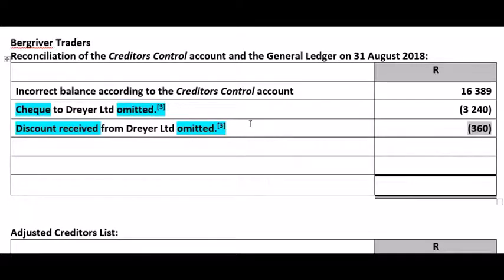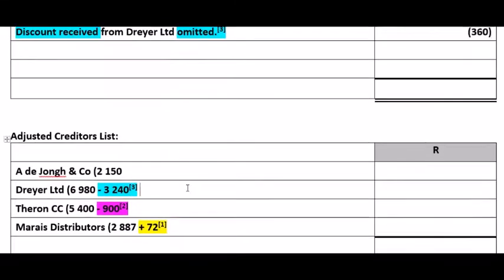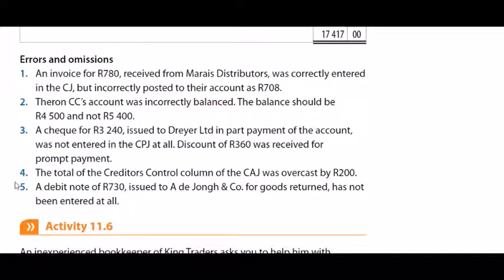Okay, so you put the 360 Rand in brackets, and Dreyer Limited gave us some discount, so we owe them 360 Rand less.